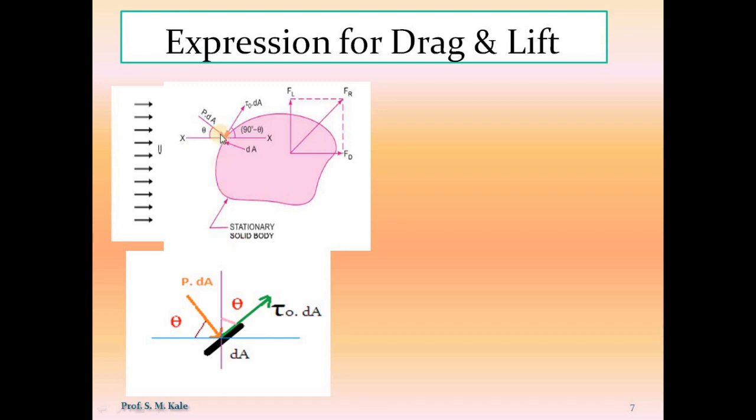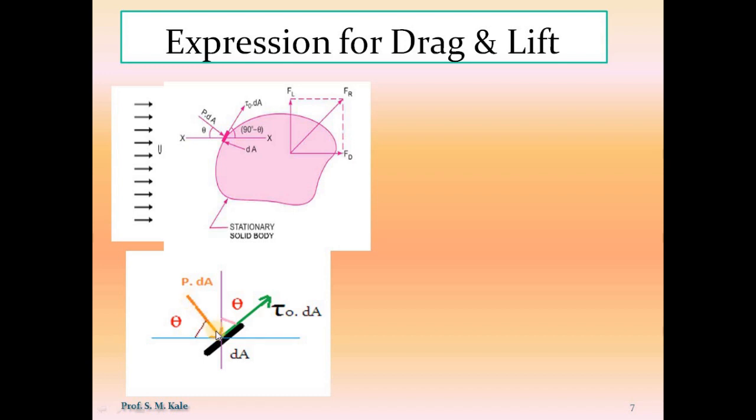For that purpose, suppose this is the enlarged view of that small elementary area dA. So here the direction of motion of fluid is horizontal direction. As we know, on that small elementary area dA there will be two types of forces.